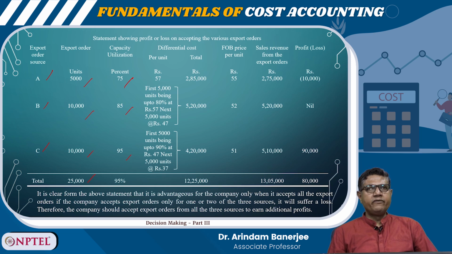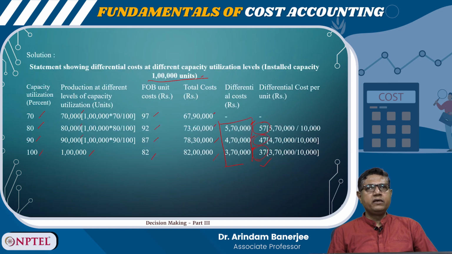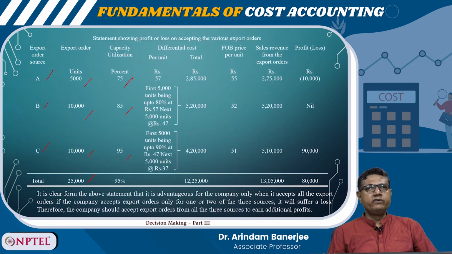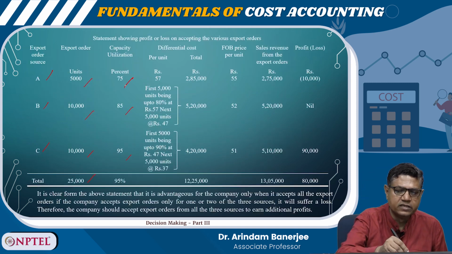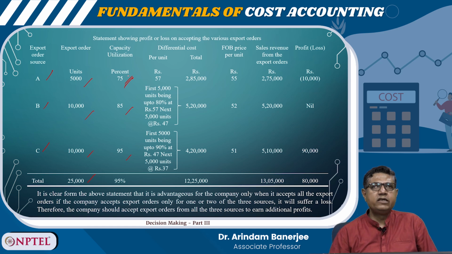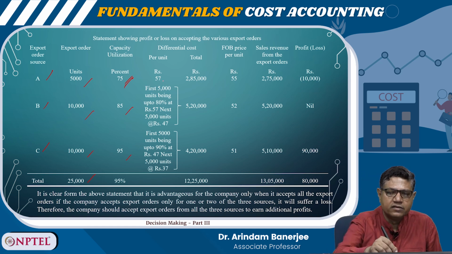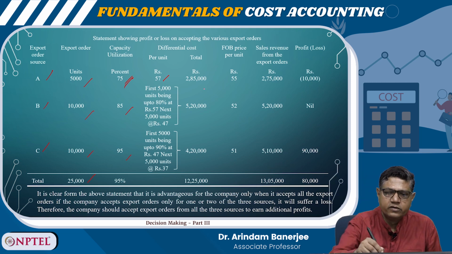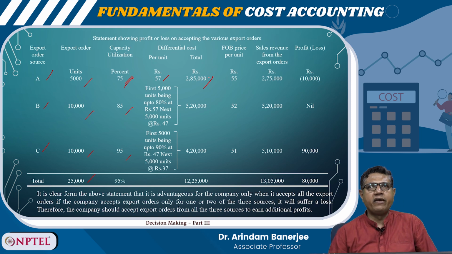So, I am taking the differential cost, the first one is 5,000 units. The company is already working at 70% capacity. So, additional 5,000 means its capacity will go up to 75%. And at 75, what is the price? 57. And if you calculate the total amount, differential cost is 2,85,000.